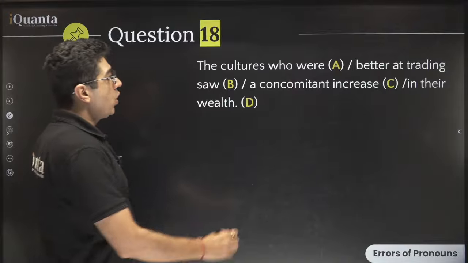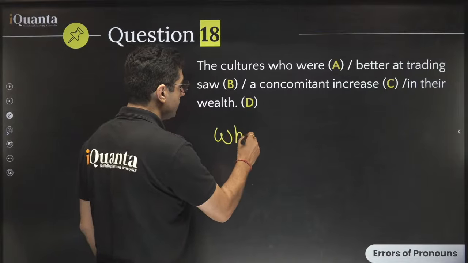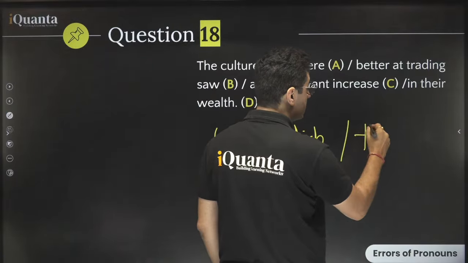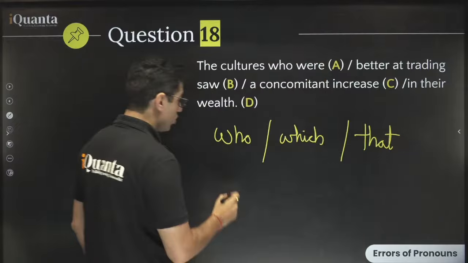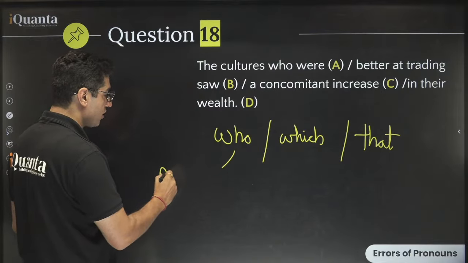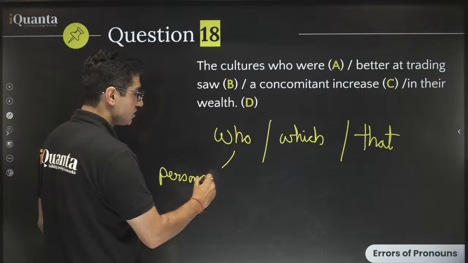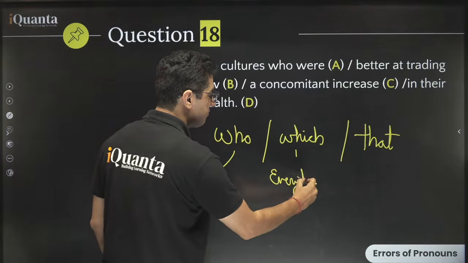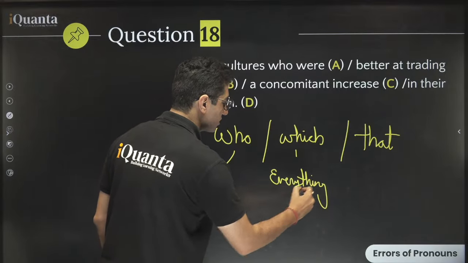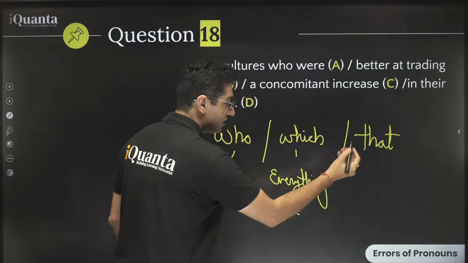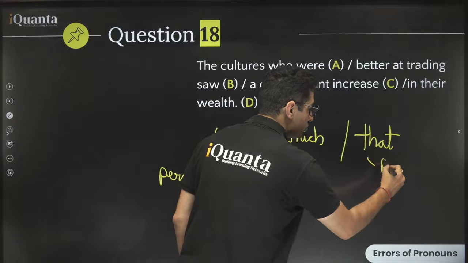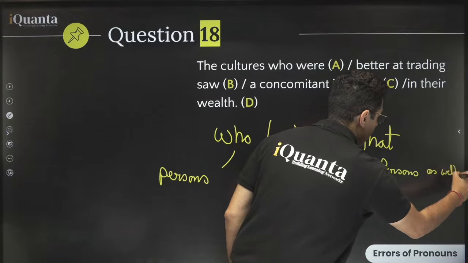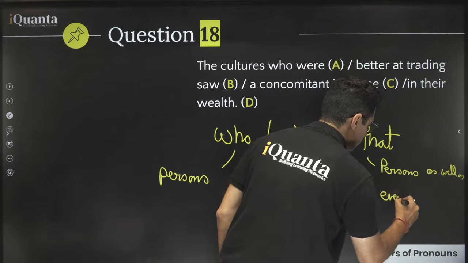Okay, so what is the difference between who, which and that? So you remember who is used for persons, which is used for everything else, and that can be used for persons as well as everything else.